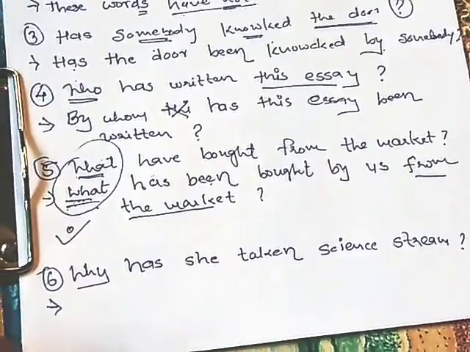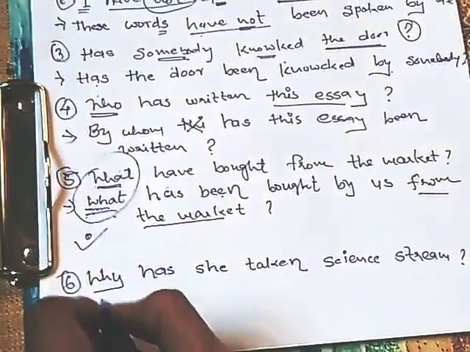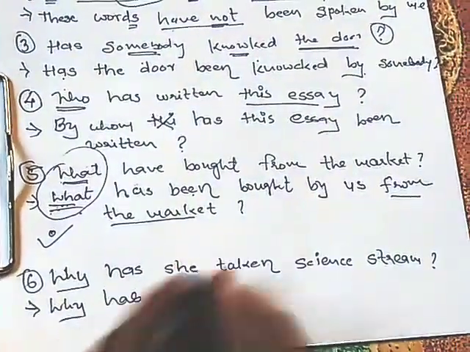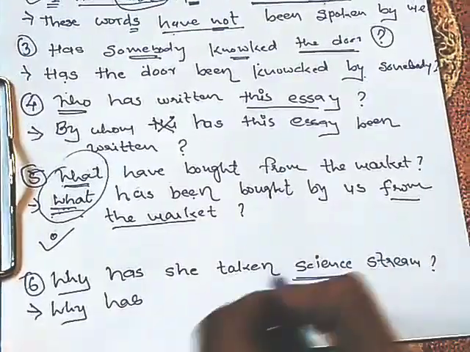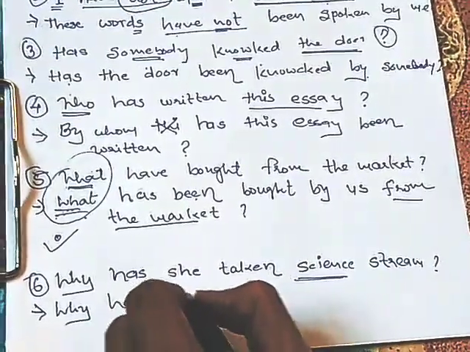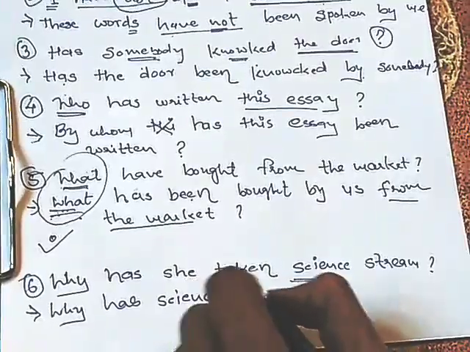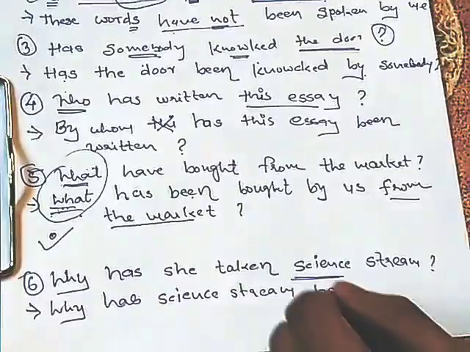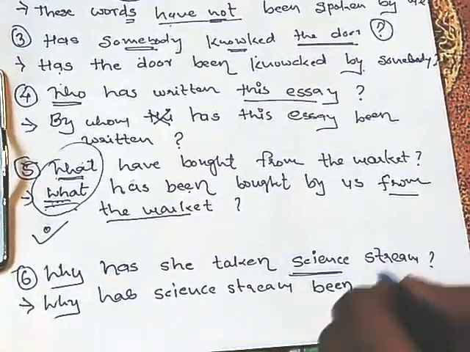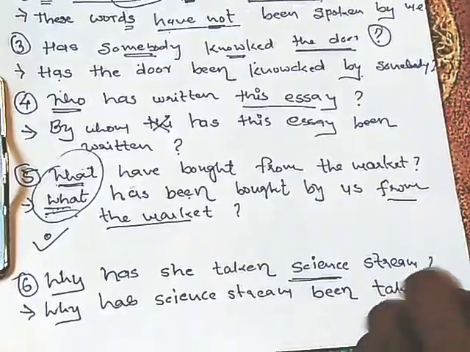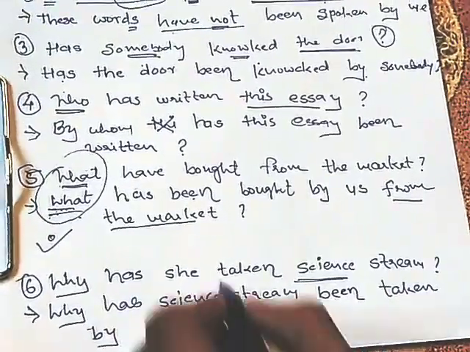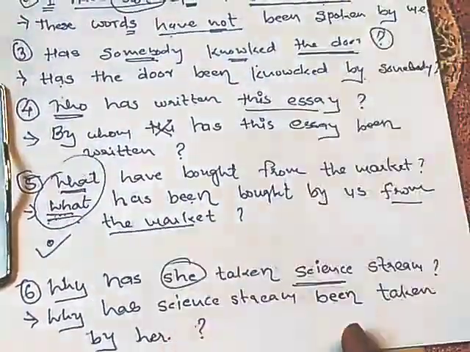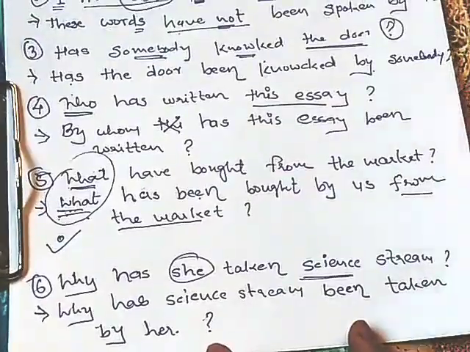If this kind of question is given to you, in the beginning put the given question word itself, why, then after that has or have, then take the object science stream. Why has science stream, then add been, then the past participle taken, by, the subject she, which will be changed to her, and at last you have to put the question mark.